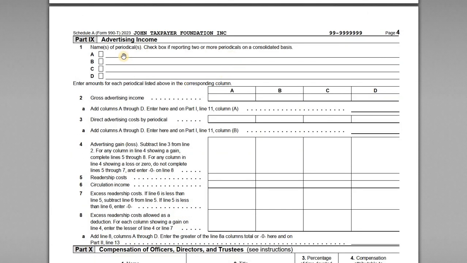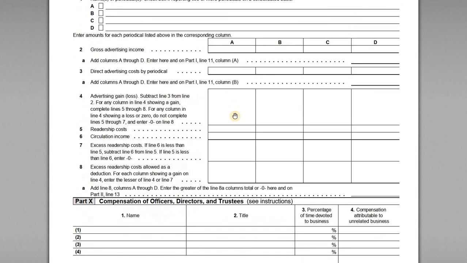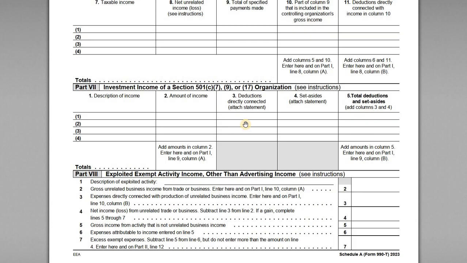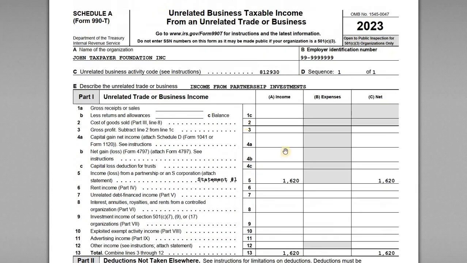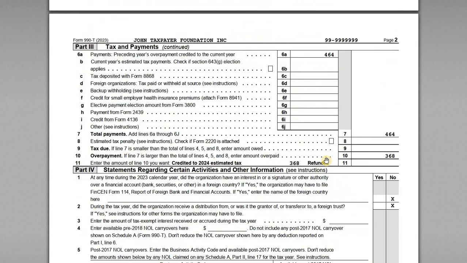Advertising income, if you had a publication or a newsletter and you were trying to sell ads, you might have some UBTI from advertising income. Again, nothing like that for this private foundation. It's probably one of the more basic examples you'll ever see, where the foundation simply has a K-1 from a partnership investment. So we've got our $1,620 there.